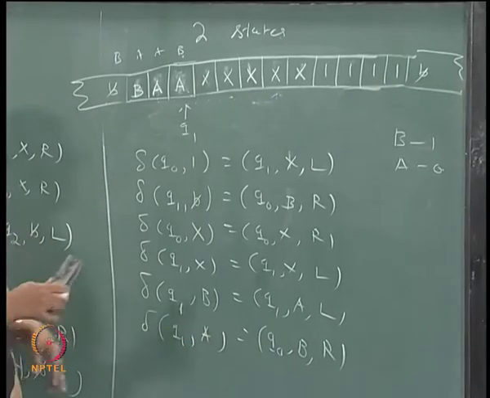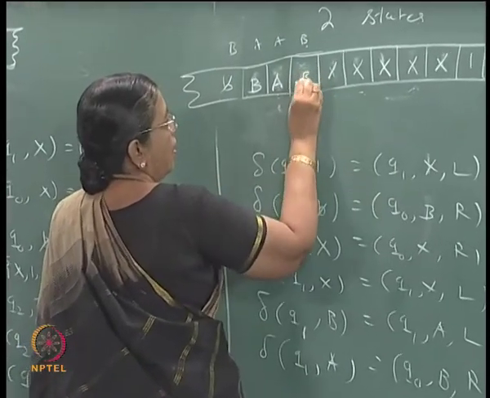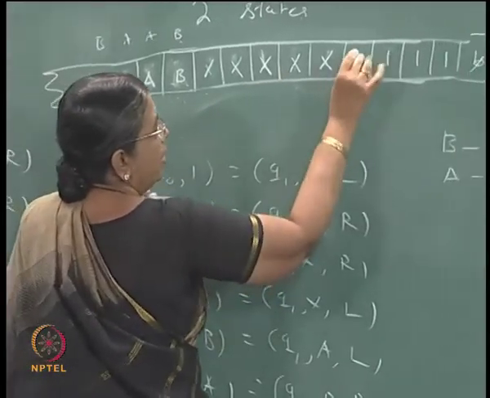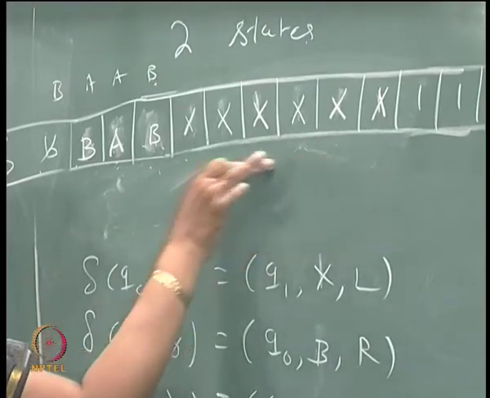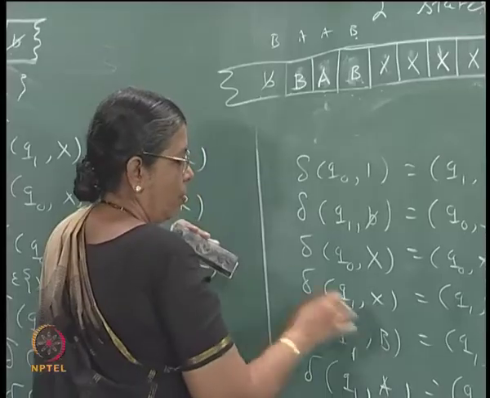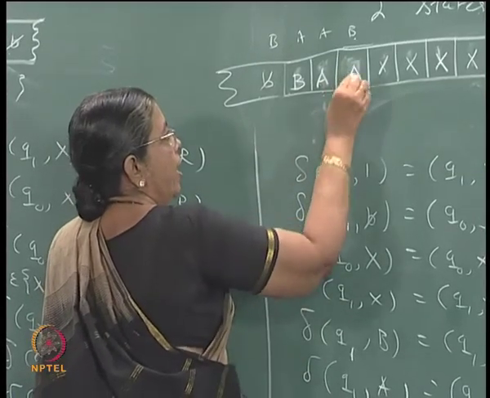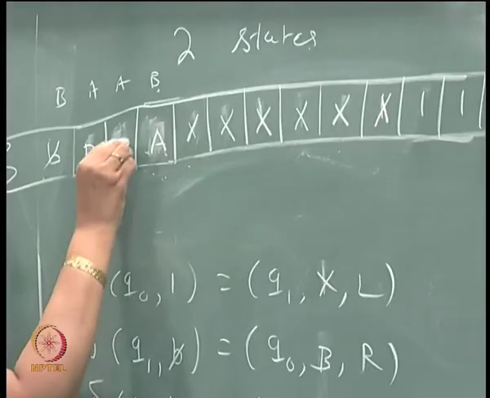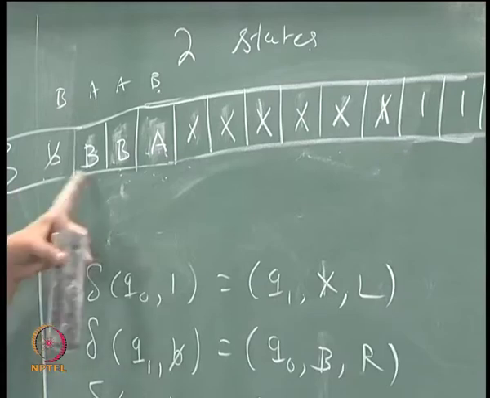Then you go to Q0, print a B, move right, change this into a X. In Q0 you move right, in Q1 you move left. In Q1 you come here, when you see a B, change this into an A, move left, then when you see an A, change this into a B. Now, I have number 6, 110 I have, BBA is 110.